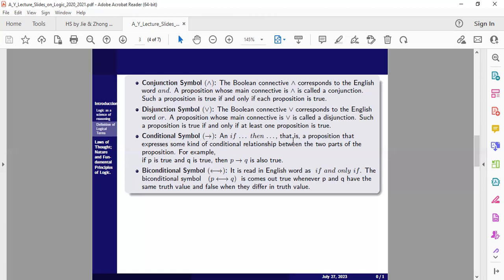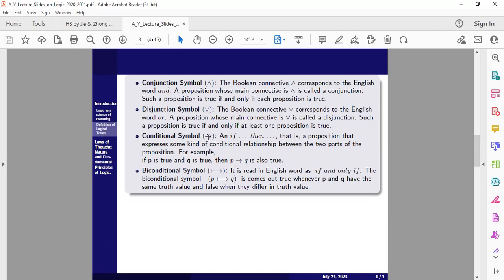It is a proposition that expresses some kind of conditional relationship between the two parts of the proposition. So, for example, if P is true and Q is true, then P implies Q is also true. This is what is called implies.